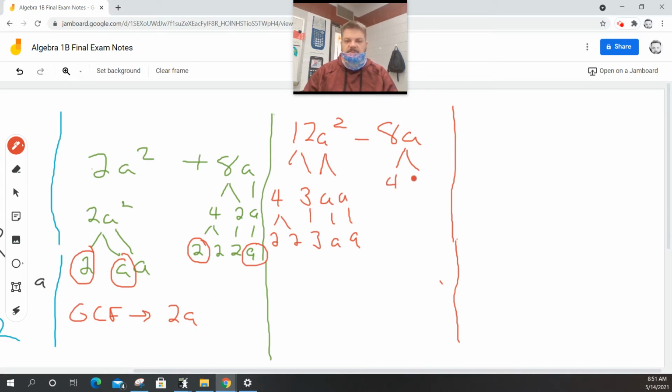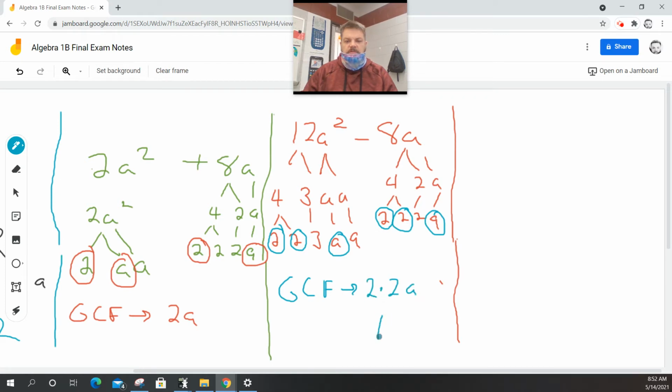That's going to be 4 times 2, and then we tack on the a. 4 is 2 times 2 times 2 times a. Now for this one, I have a 2 and I have a 2, but I also have another 2 and another 2, and then I have an a and I have an a. So the greatest common factor is 2 times 2 times a, or 4a. Does that make sense?